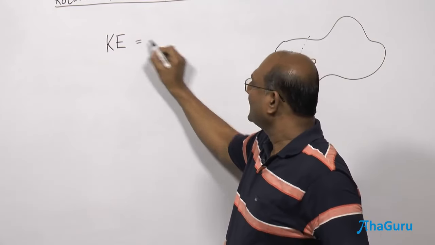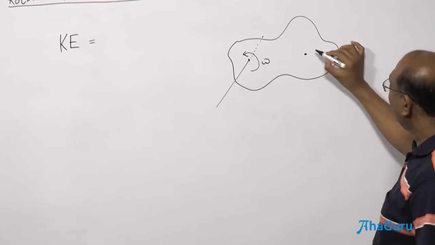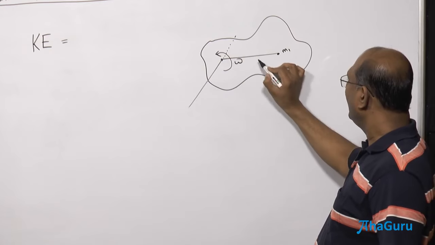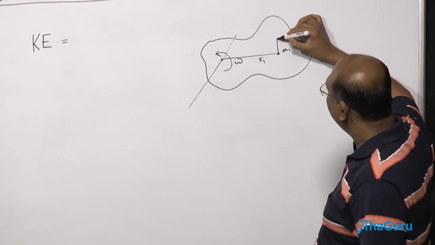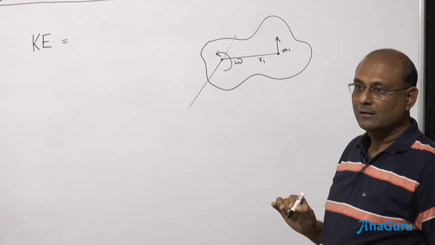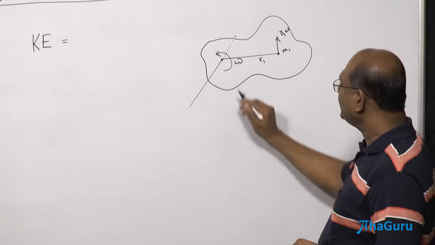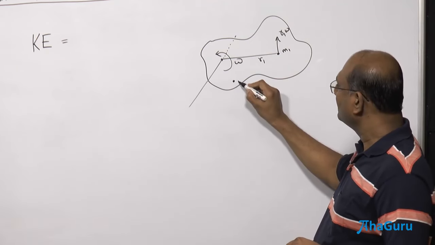Okay, so now what is the kinetic energy? Let us assume that I have a particle here, m1, at a distance of r1. What velocity will it have? R1 omega. Now let us say I look at another particle here, m2.